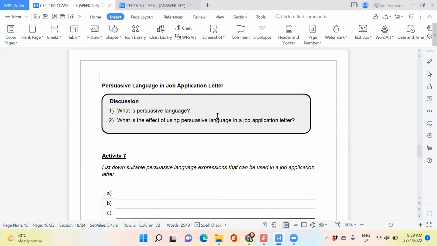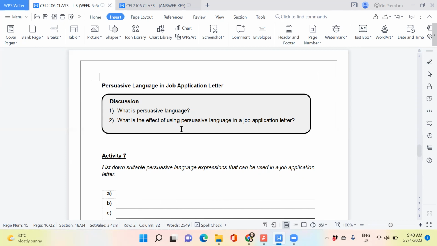Okay, so persuade ni dia macam, in Malay we call it pujuk. Okay, macam mana cara nak memujuk in a job application letter? Pujuk untuk apa? Persuade for what? To persuade your future employer to consider your application and accept your application. So that is the function of persuasive language.